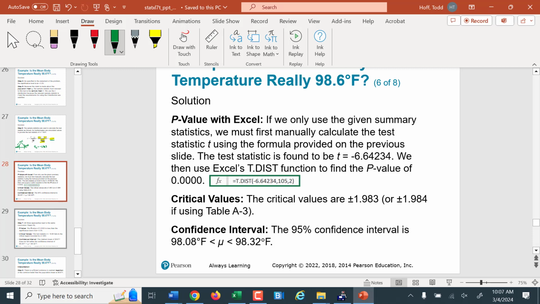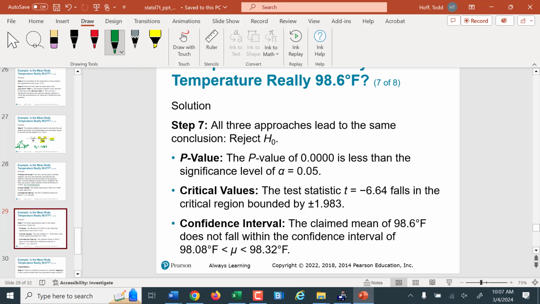Let's look at the confidence interval method. The confidence interval would be from 98.08 to 98.32. If I look at that on a number line, 98.08 to 98.32, well, 98.6 is up here somewhere.